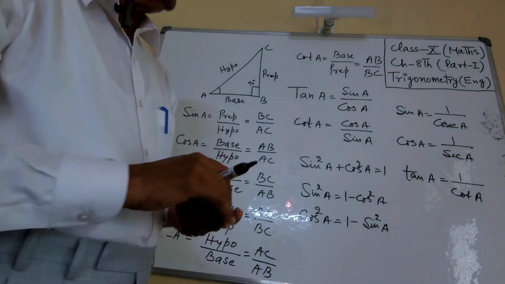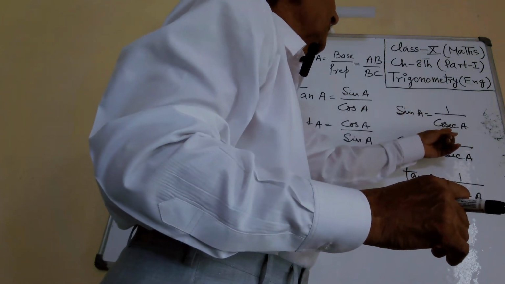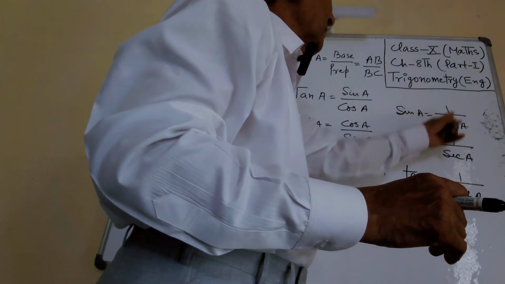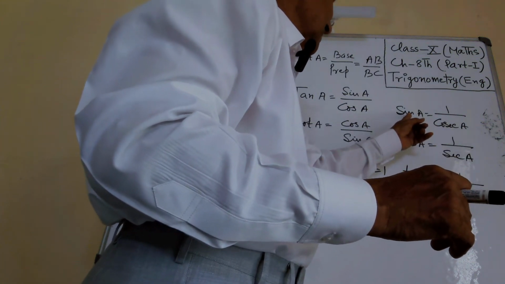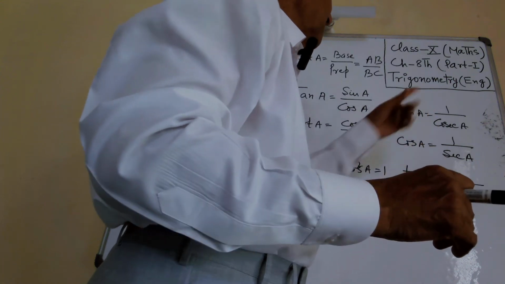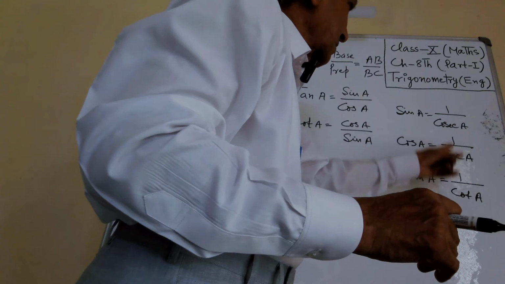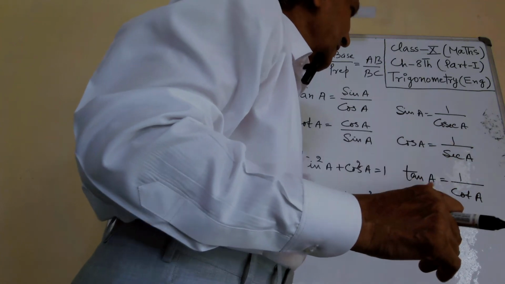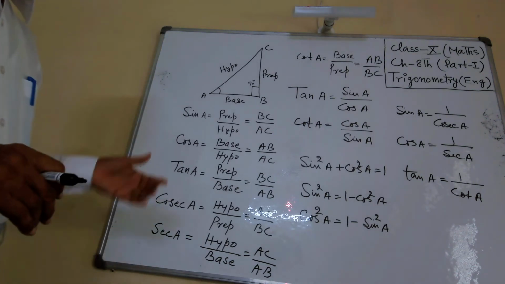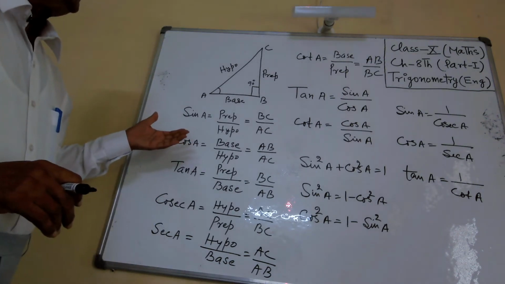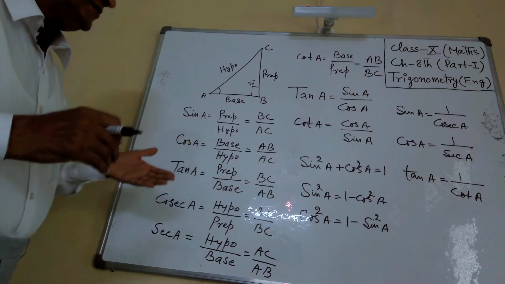One thing more I want to tell you, sin A is the opposite of cosec A. Sin A is equal to 1 upon cosec A. Cosec A is equal to 1 upon sin A, sec A is equal to 1 upon cos A, and tan A is equal to 1 upon cot A. My dear students, these are the relations between these identities.